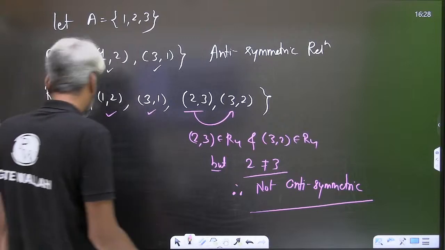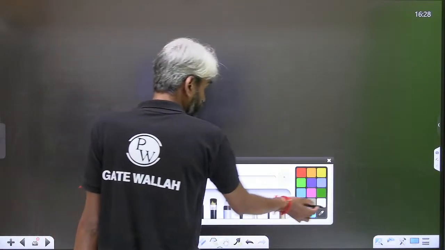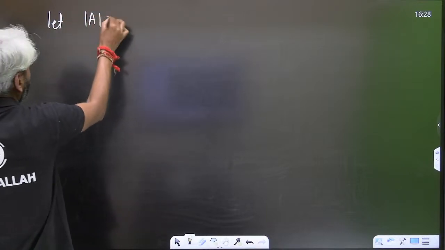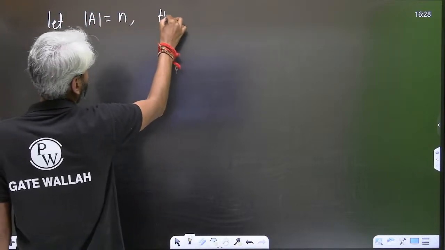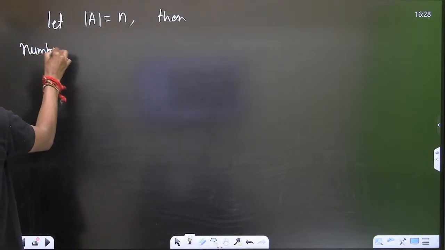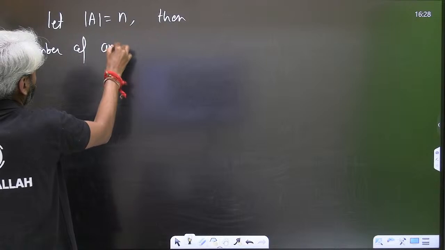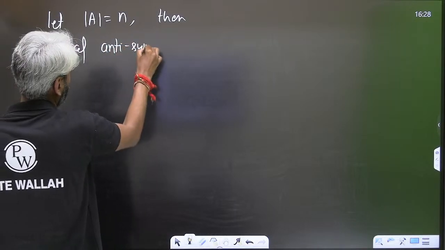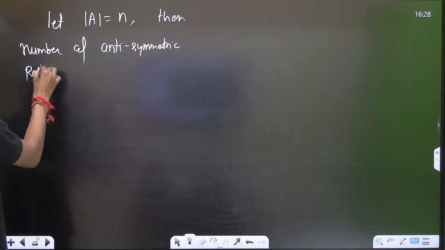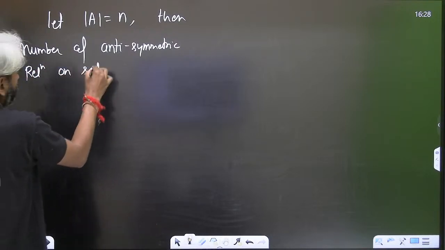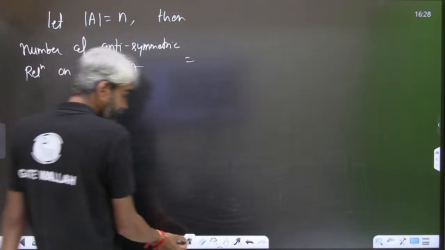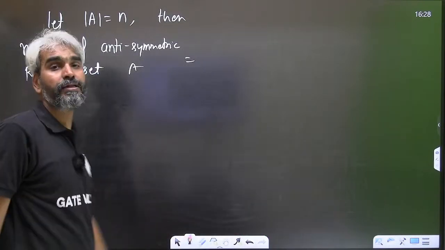Okay, sir. Let's try to find out the number of anti-symmetric relations. Let mod A equal n, then the number of anti-symmetric relations on A will be equal to... So again, you need to understand one basic thing: there is no restriction on the diagonal order pair.